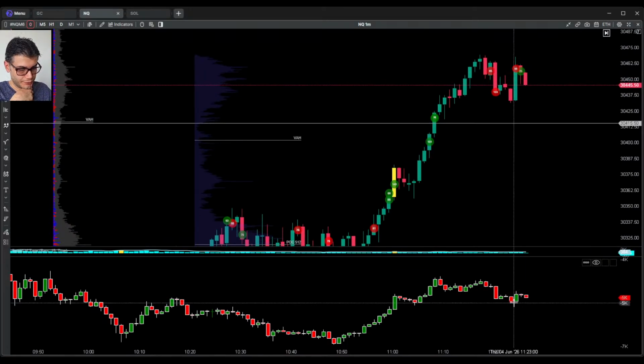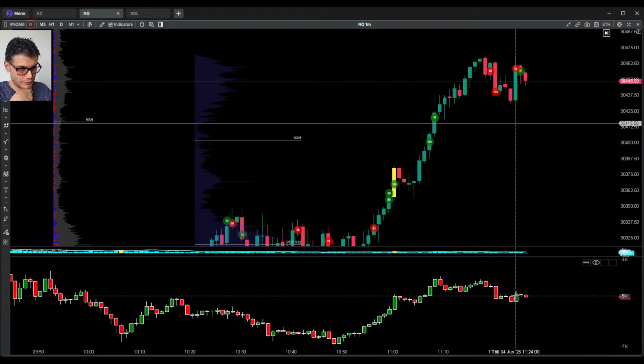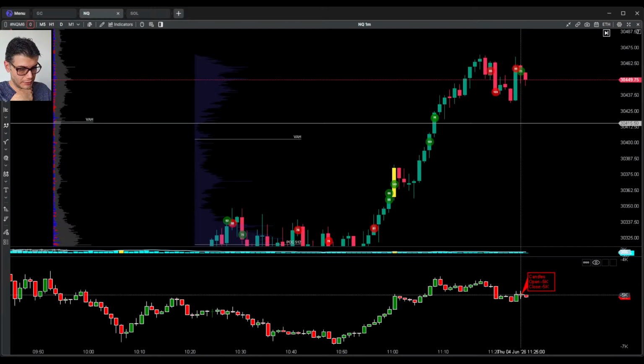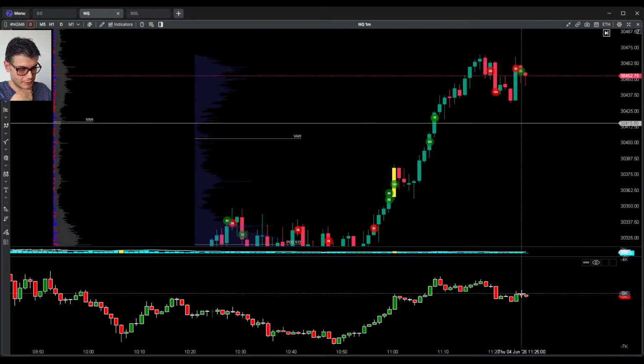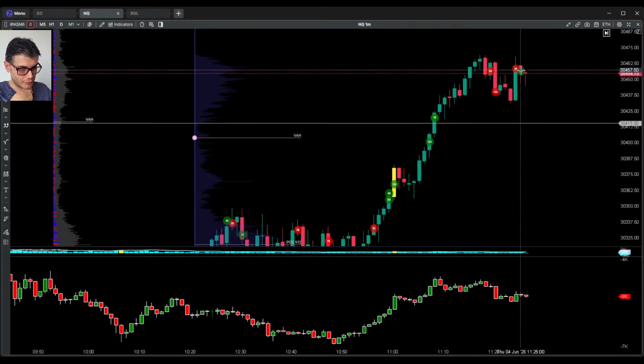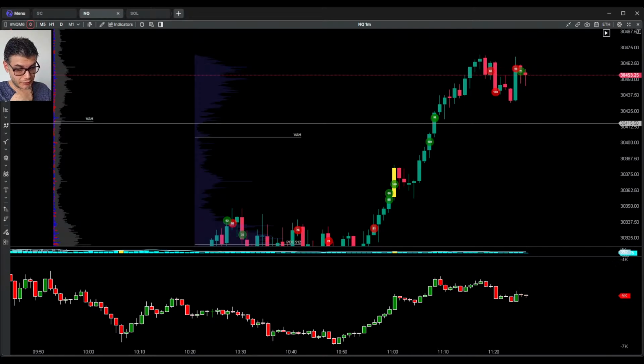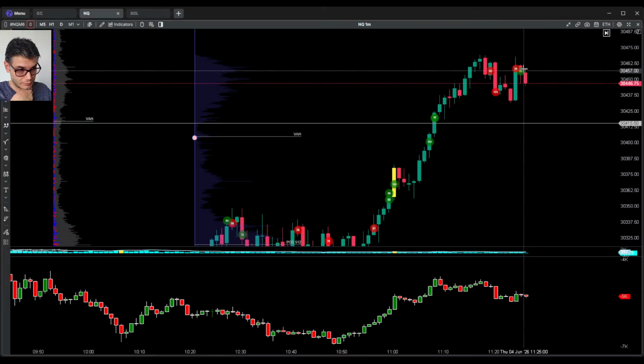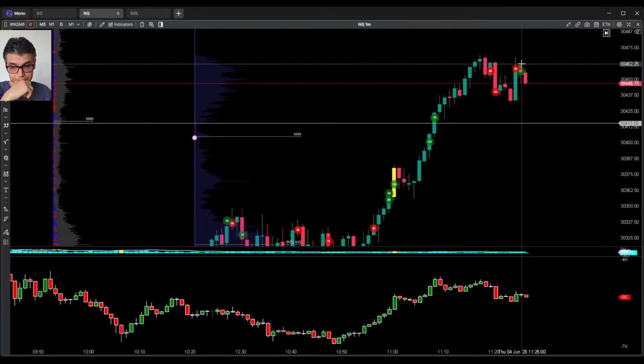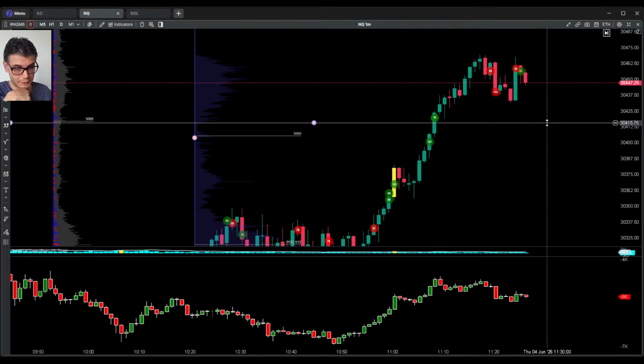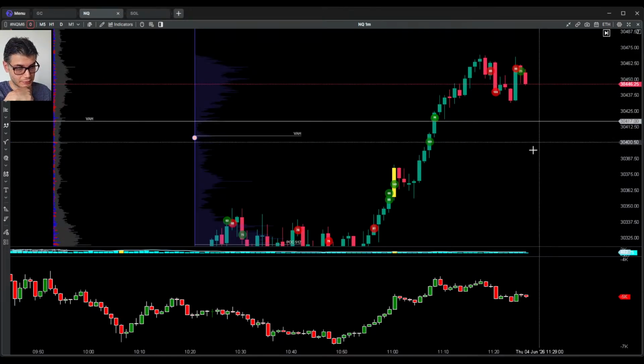Trapped buyers. CVD is green. CVD is red. Candle is red. So these buyers are now absorbed. If they close above it, I might have a tiny scalp there. Let's see. If it closes above it, maybe I can do a scalp above this candle. The value area high of the day is now slightly higher. That's there.